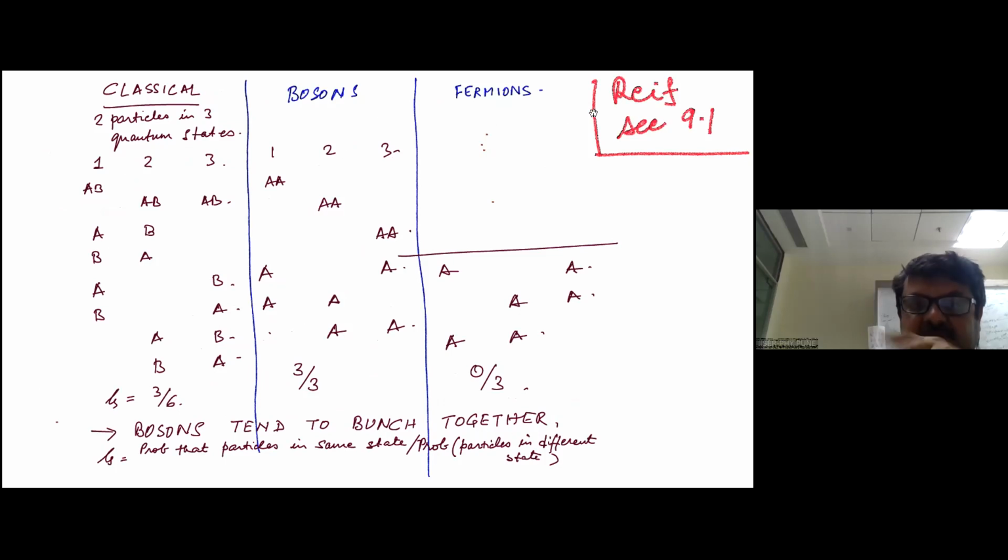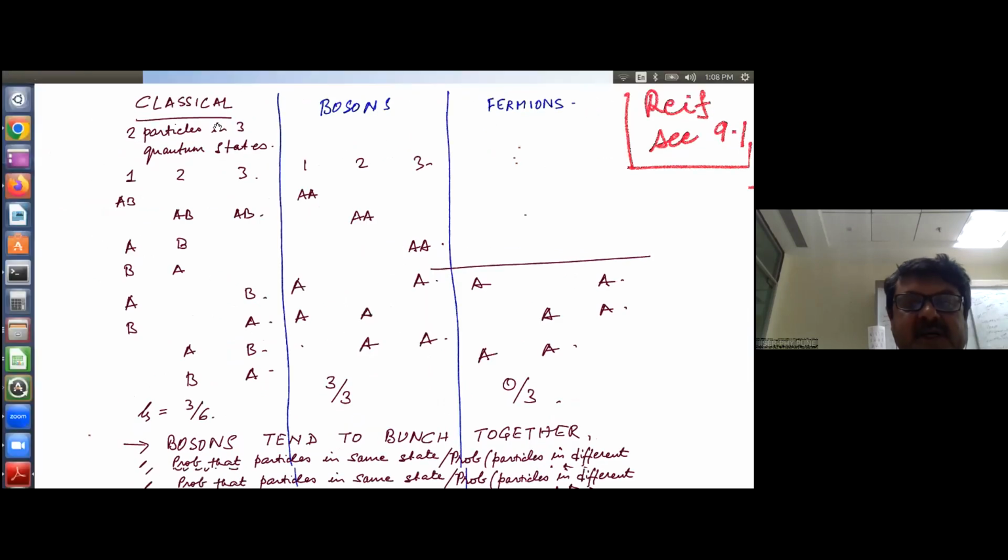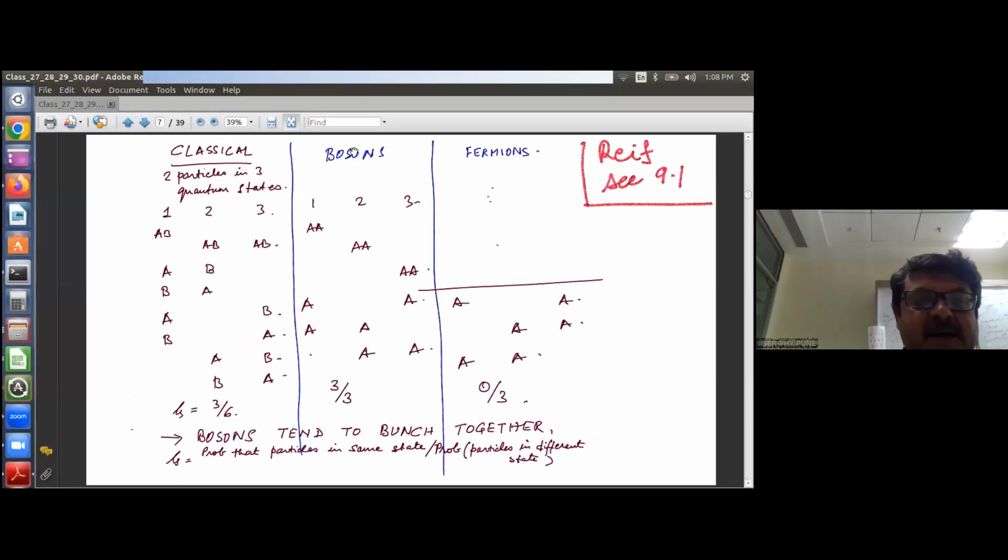this is basically a quick description of what would be the different ways of arranging two particles in three quantum states. If these particles were classical, then in any particular state you could put both of the two particles, AB, AB, AB, and then there are various ways of distributing them.